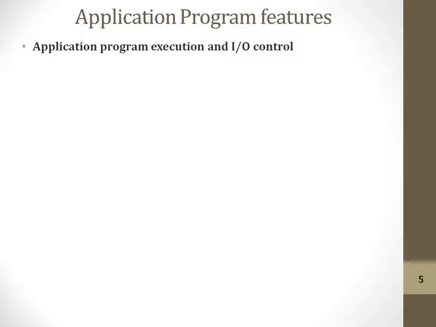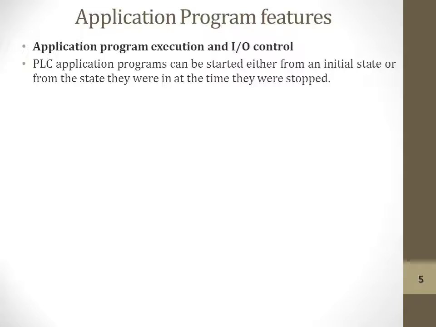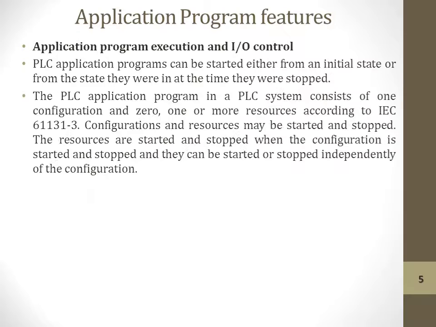Application program execution and I/O control. PLC application programs can be started either from an initial state or from the state they were in at the time they were stopped.